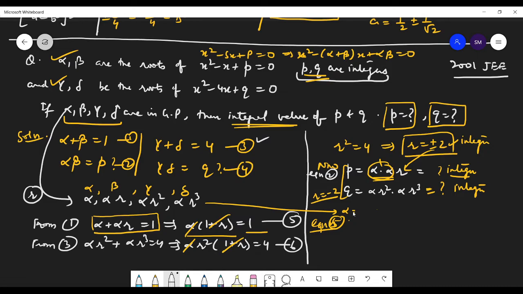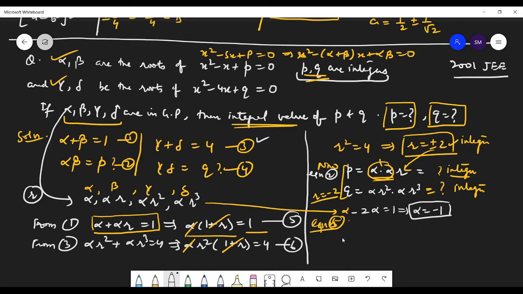So alpha plus, you can directly write alpha minus 2 alpha equals to 1. So alpha equals to -1.